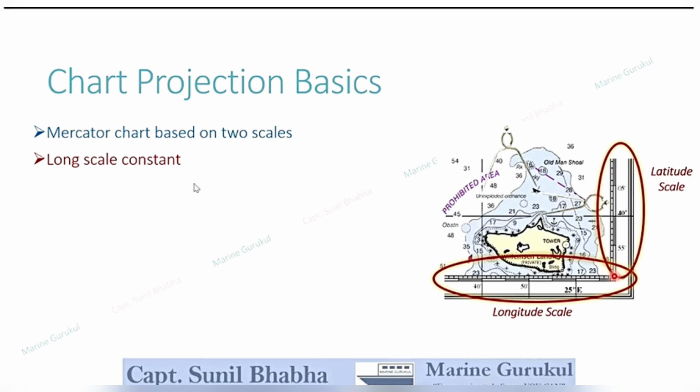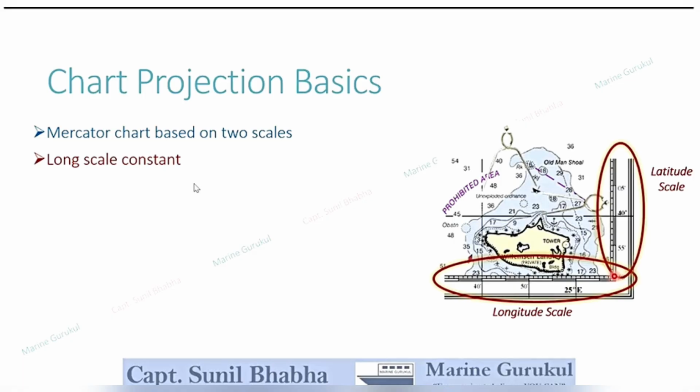Now, out of these two scales, the longitude scale remains constant throughout the chart. So it basically means that the length of 1 minute of longitude remains the same throughout the chart.